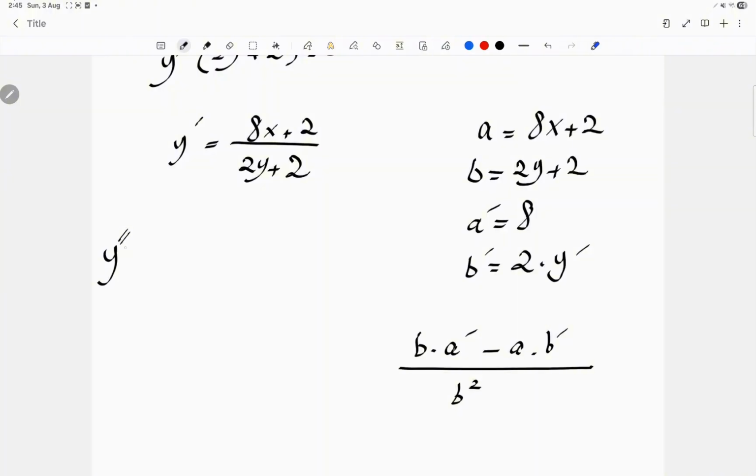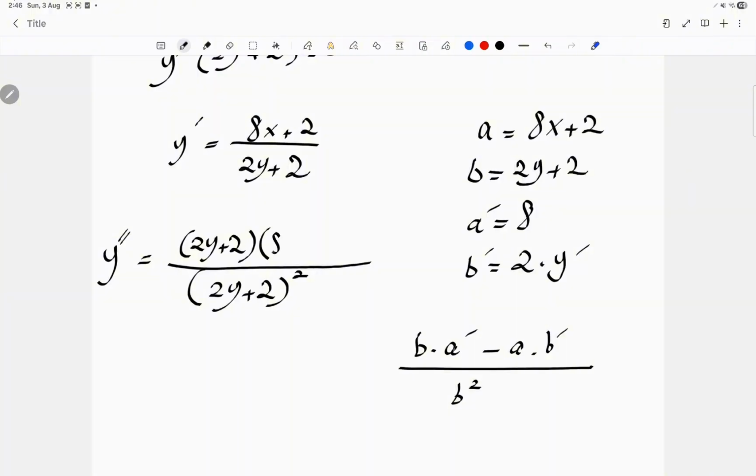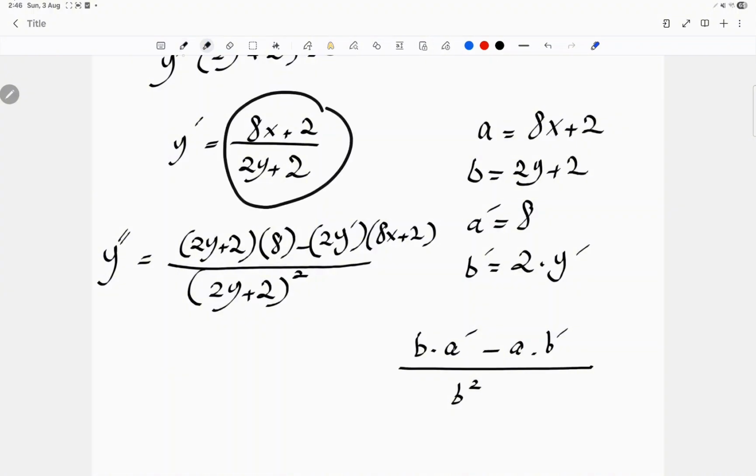So y double prime, I'm going to say now, is 2y plus 2 squared, 2y plus 2, so b times a prime minus b prime times a. Am I done? Of course not. You must now replace each y prime with this guy.